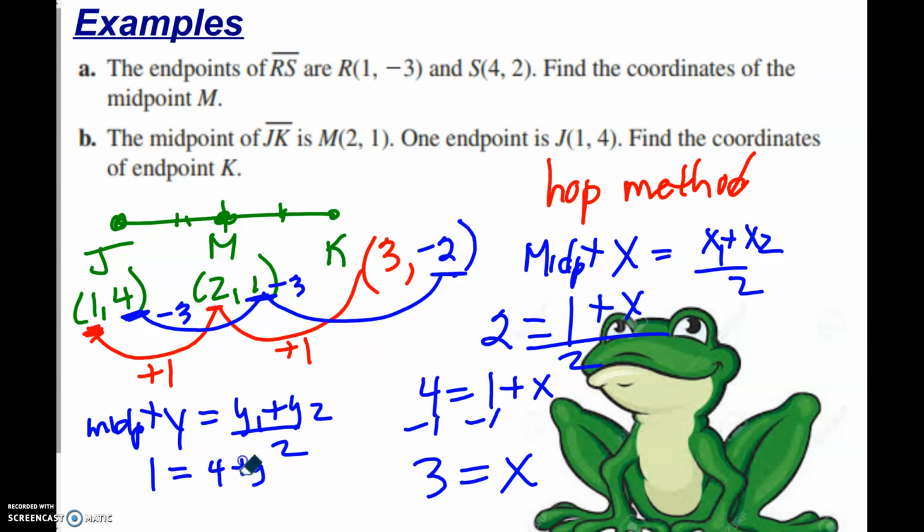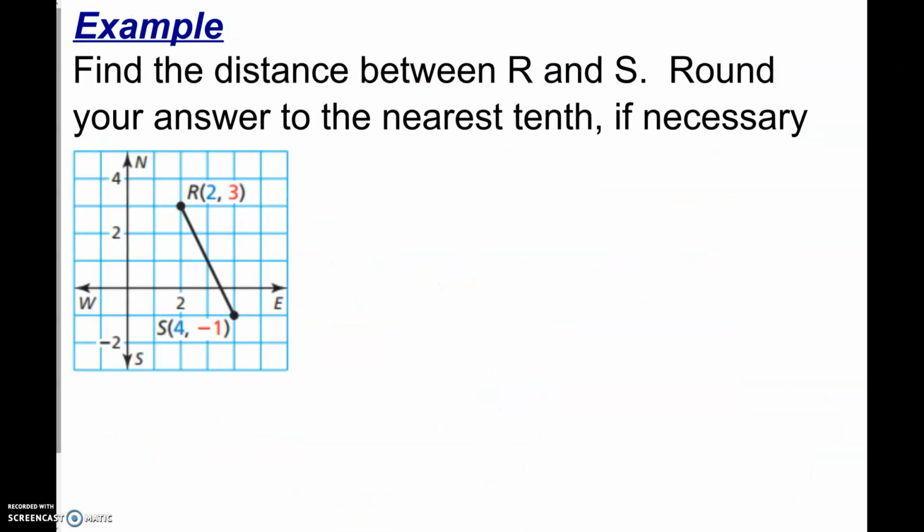We do not know the other one. So I'm going to multiply both sides by 2, so now I have 2 equals 4 plus y, and when we subtract 4 from both sides, we get 2 equals y, and that's what we got up there. So that's called the hop method.